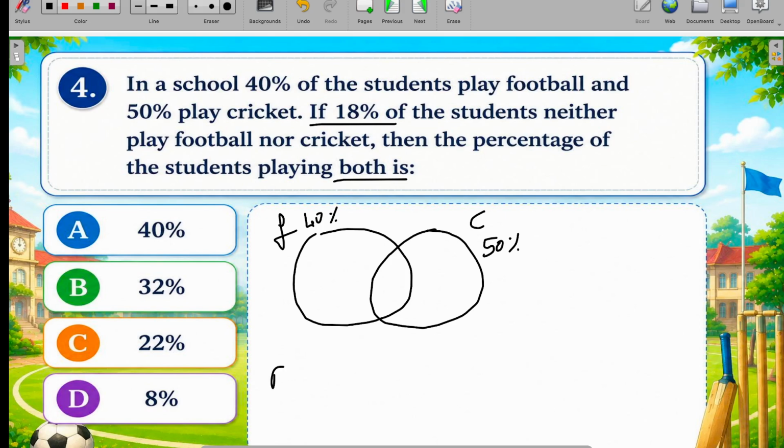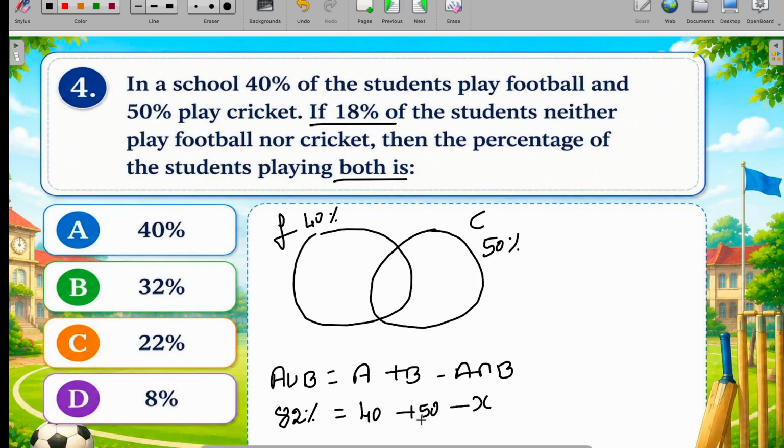First, for understanding, I'll write an equation: A union B is equal to A plus B minus A intersection B. Out of 100 percentage, 18 percentage does not play football or cricket, which means 82 percentage play any one of the games. In that, 40 percentage play football and 50 percentage play cricket. I want to find out both.